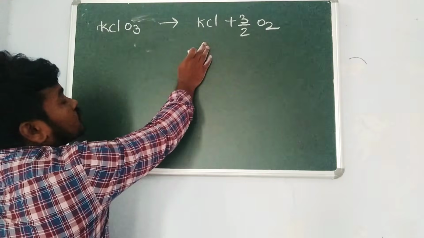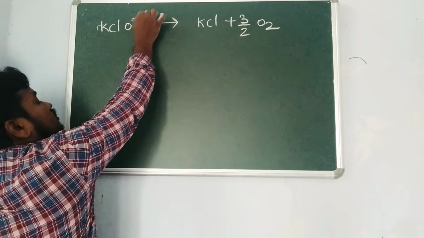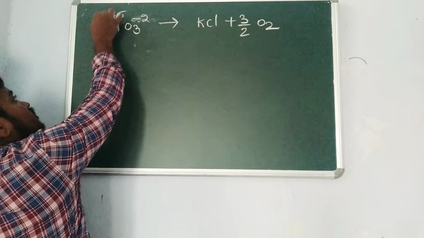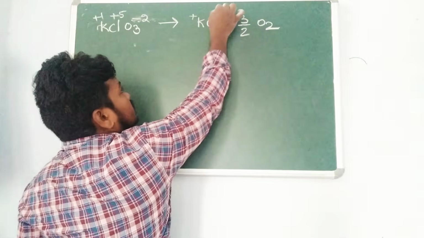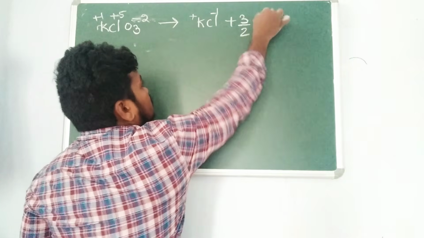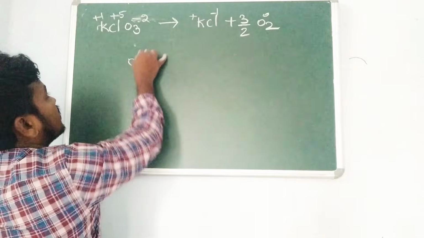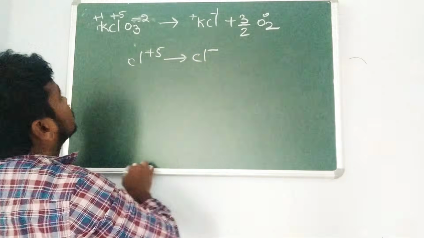Next, ClO3 minus gives rise to KCl plus 3/2 O2. So here the oxidation state of oxygen is -2. So Cl is +5. K is +1. So here K plus, Cl minus 1. O2 is 0. So what happened? Cl +5 is changing into Cl minus.